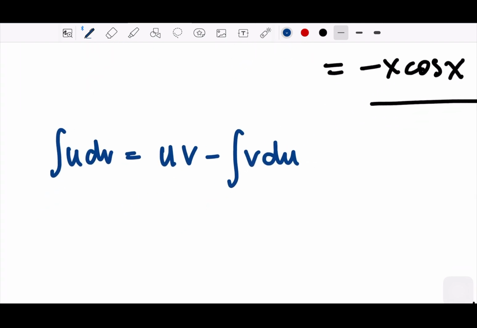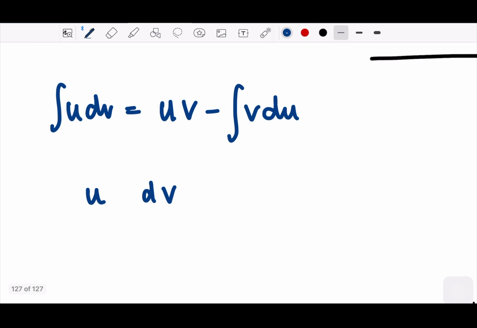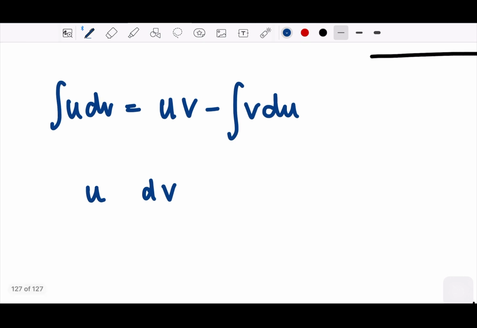By this method, we derive u, which becomes du, and integrate dv, which becomes v.